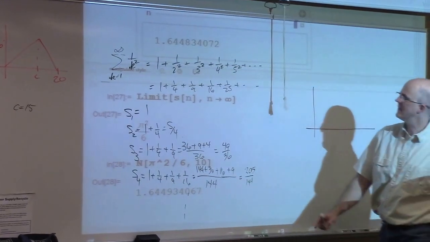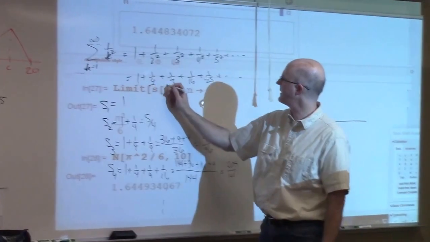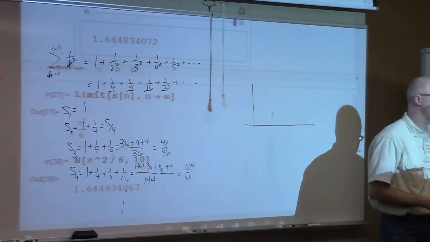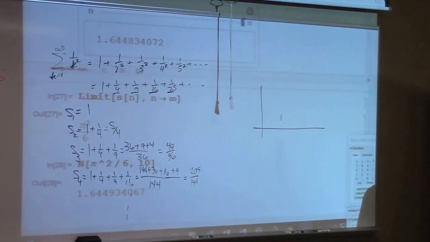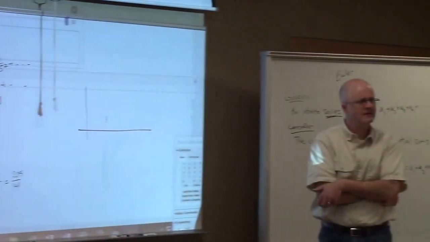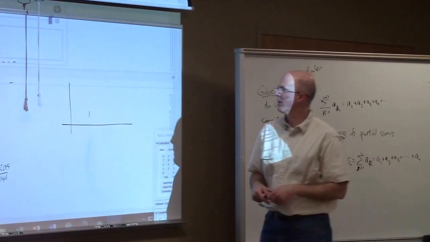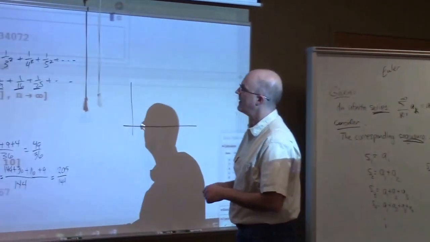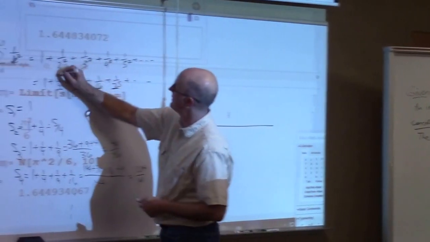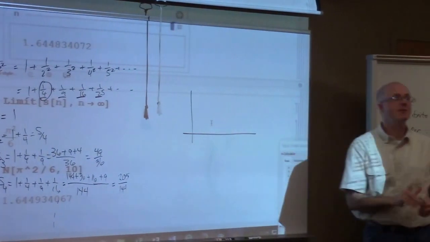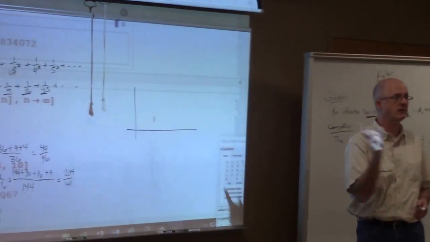These numbers, 1, a 4th, a 9th, a 16th, a 25th, can be thought of, if we want, as areas of rectangles. In fact, I'm going to ignore the 1. I'm going to focus starting on the 1/4, making rectangles of those heights and a base of 1 so that the area will be those values.